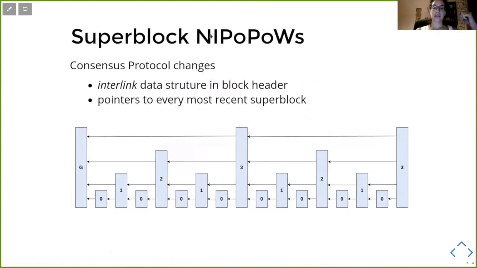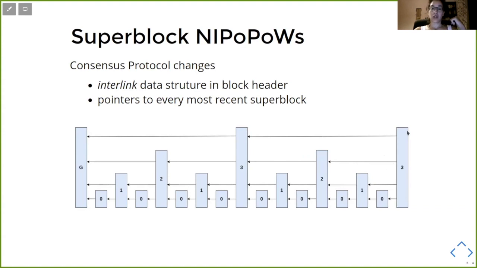Now, the thing is that this protocol, in order to function securely, needs to make some consensus protocol changes. And what we have here is that apart from the previous ID pointers included in each block header, we also need to add some extra pointers, and these pointers are what we are going to call superpointers, and are the pointers that point from one superblock to the most recently generated previous one.